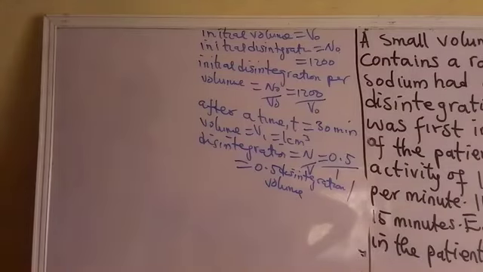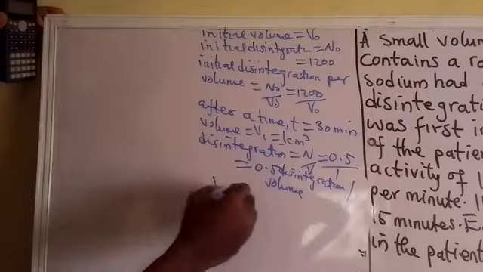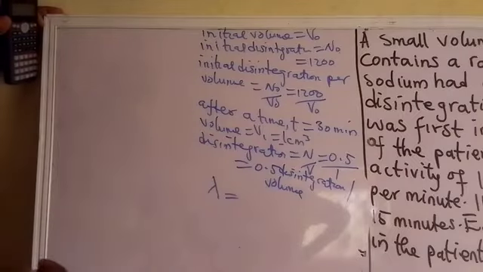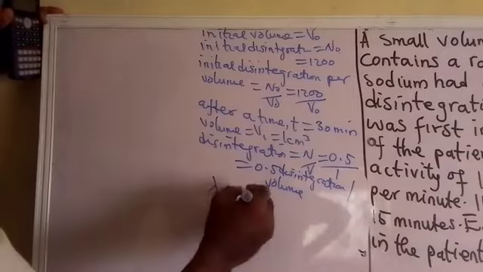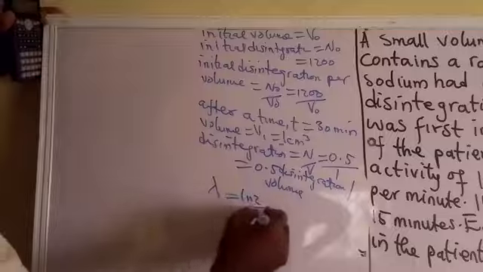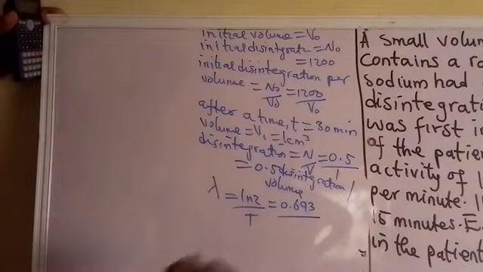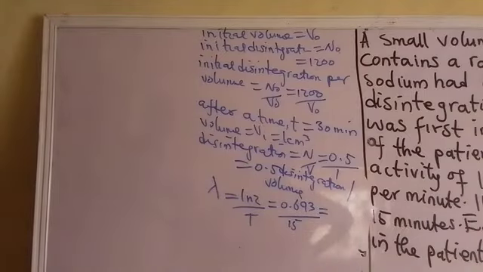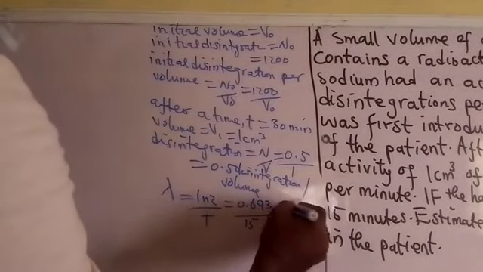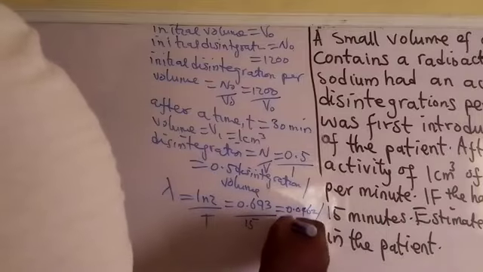Okay? Now, if this is clear to you, now let's move on. Something else we need to find out. You realize that you can find the decay constant, okay, of this radioactive sodium by using ln 2 over half-life. Of course, ln 2 is a constant value. Half-life is 15. So when you divide this with your calculator, 0.693 divided by 15, that will give about 0.0462 per minute.